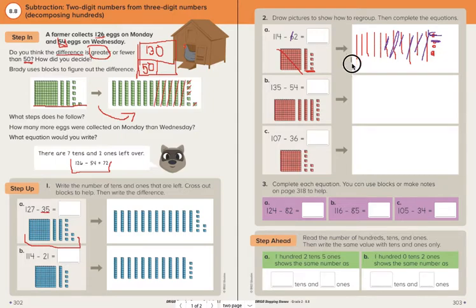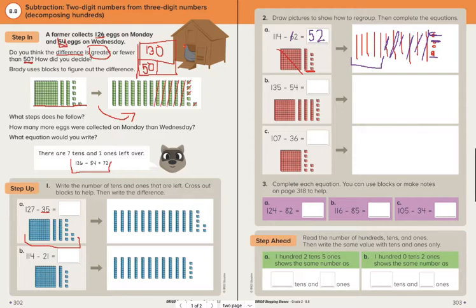And now I can see what I have left. How many groups of 10? 5 groups of 10. How many ones? 2 ones. So 114 minus 62 is 52.